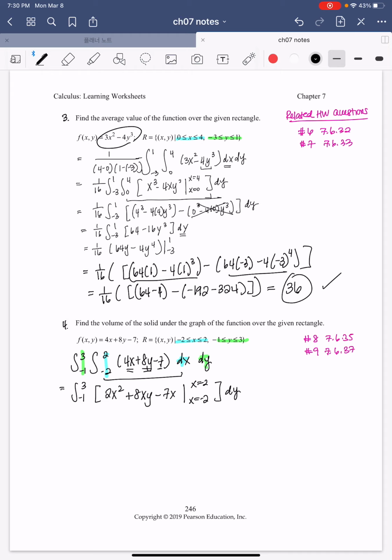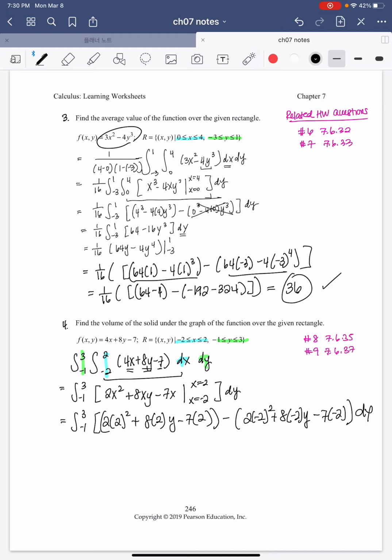Plug in all these values for x. So I have -1 to 3. Here, 2 squared plus 8 times 2y minus 7 times 2 for the first one. Minus 2 times -2 squared plus 8 times -2y minus 7 times -2, dy.